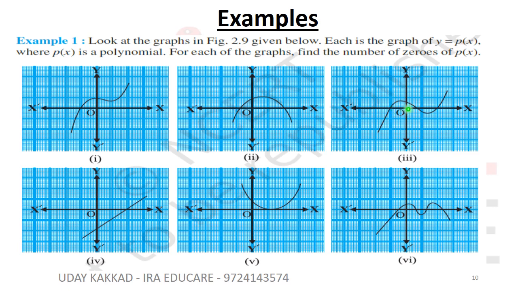Here 1, 2 and 3. Okay. Now here 3 points are there, right? So the zeros of the polynomial are 3. We do not require the polynomial. Just by observing the graph, you can say it has this many zeros, right?